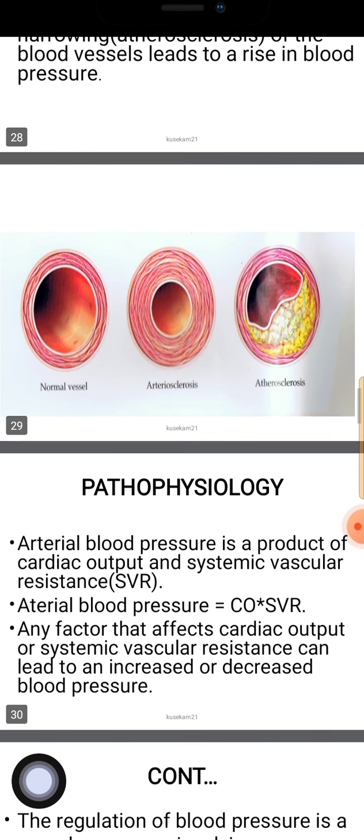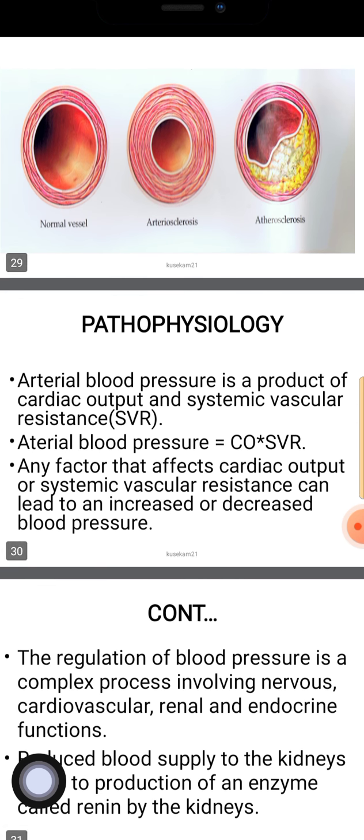Have you seen the picture? That's the normal vessel. Then with atherosclerosis, you have seen there is hardening of the blood vessel, and the lumen has changed its shape. It's narrow. You can't compare it to that one. You have seen that yellowish color. Those are fats.